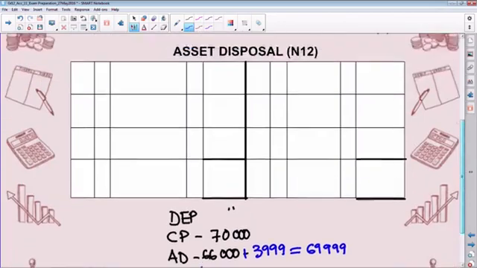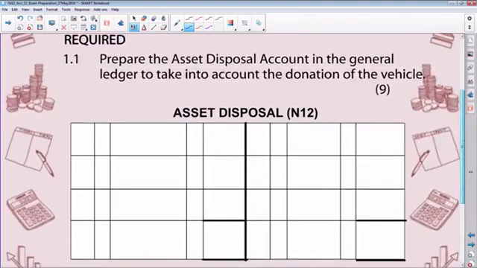So, in terms of my asset disposal, you can clearly see that the 70,000 is your cost price of the vehicle that you are disposing, right? And you have accumulated depreciation on that vehicle. Let's do the two components. The opening balance was the 66,000 rand.